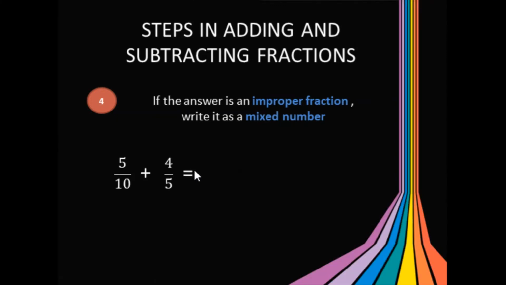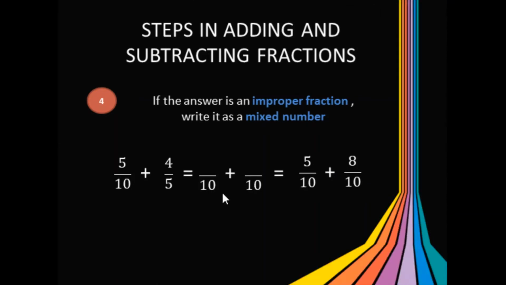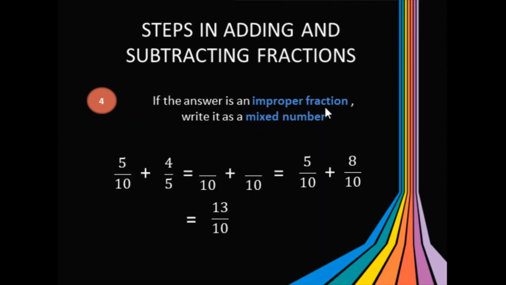Example, 5/10 plus 4/5. Not the same denominators, so we use 10. 10 divided by 10 is 1 times 5. It's 5/10 plus 10 divided by 5 is 2 times 4, we get 8. So it's 8/10. 8 plus 5 equals 13 over 10. 13 over 10 is an improper fraction.